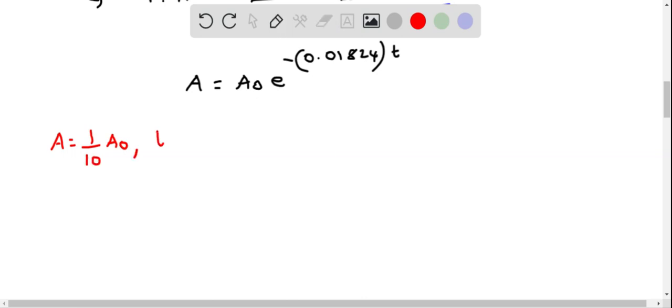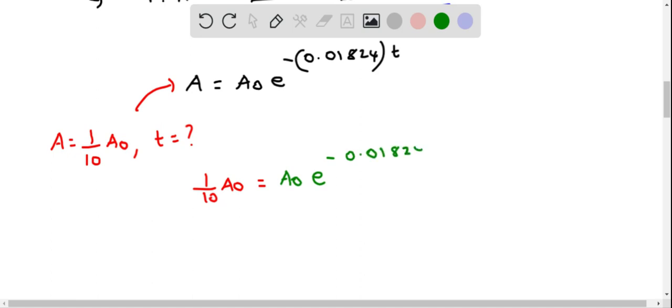In this case, we have to determine the time. So let's replace A with 1/10 of A naught in this model. This becomes 1/10 of A naught equals A naught times e raised to the power of negative 0.01824 times t.